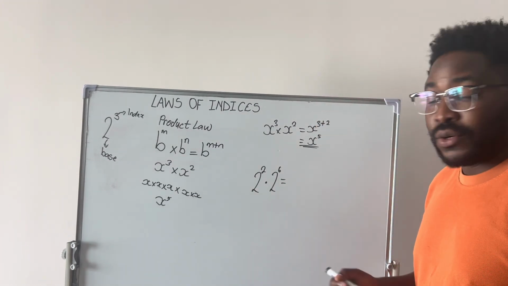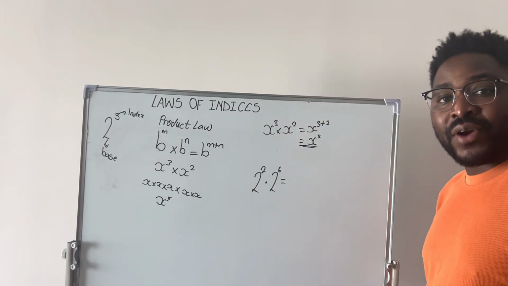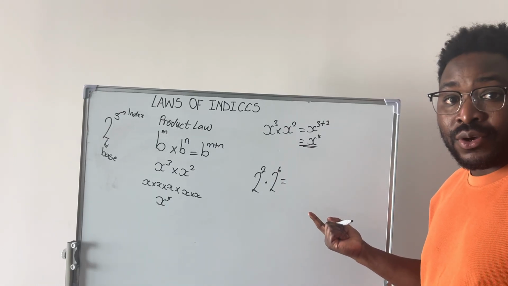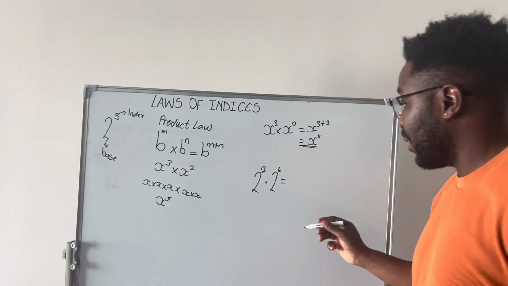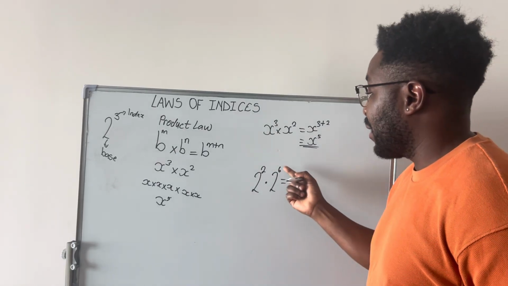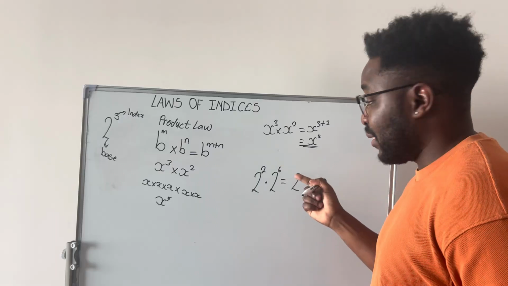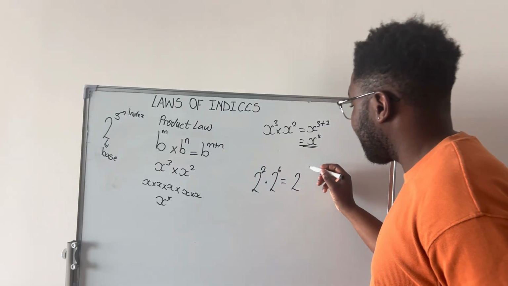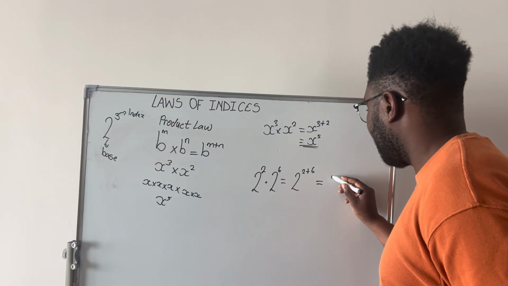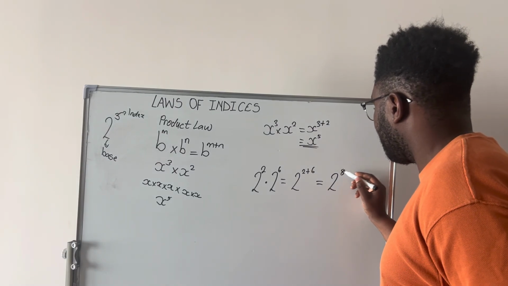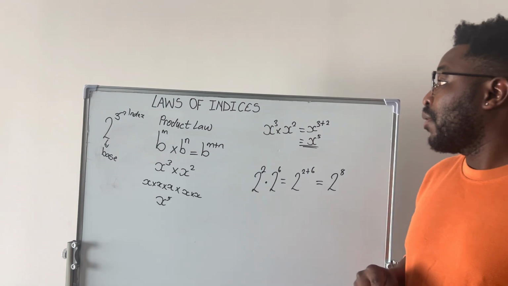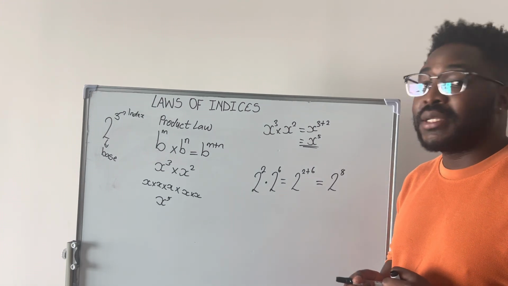If we simplify this expression using the product law, we have the same base, so we keep our base, which is 2, and add their indices: 2 plus 6. That gives us 2 to the power 8. So this is the product law.